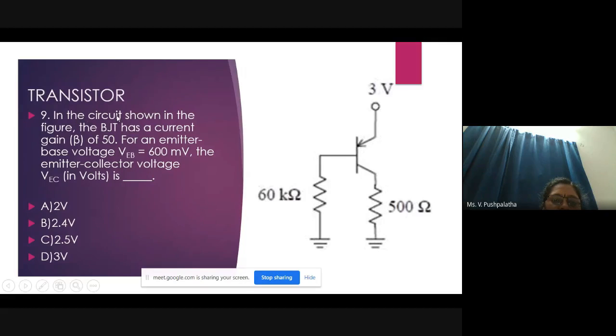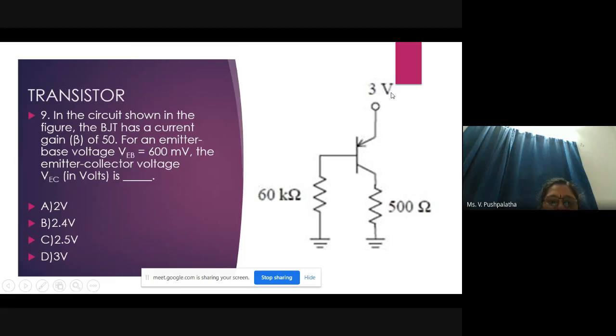In the circuit shown in the figure, the BJT has a current gain beta given as 50. For an emitter base voltage, VEB equal to 600 millivolt, the emitter collector voltage VEC is, what is the answer?